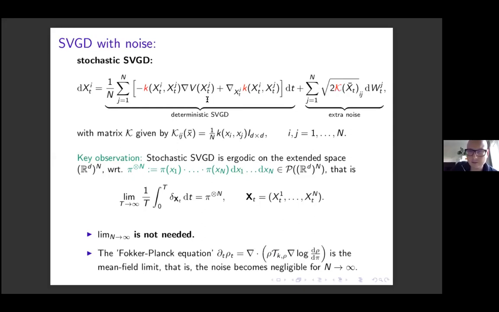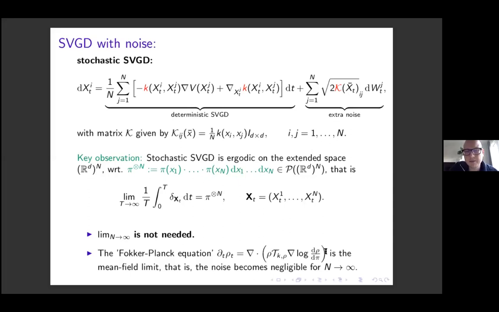So what this is supposed to tell you is that the extra noise that is injected here becomes negligible, right? Because the mean field limit for the stochastic and the deterministic system will in fact be the same. Note that actually the behavior of these two systems is vastly different, right?